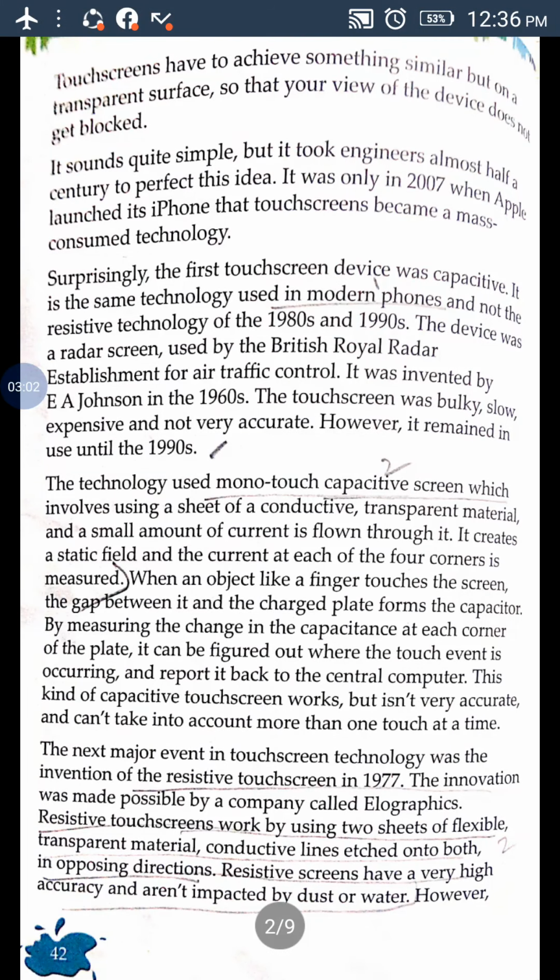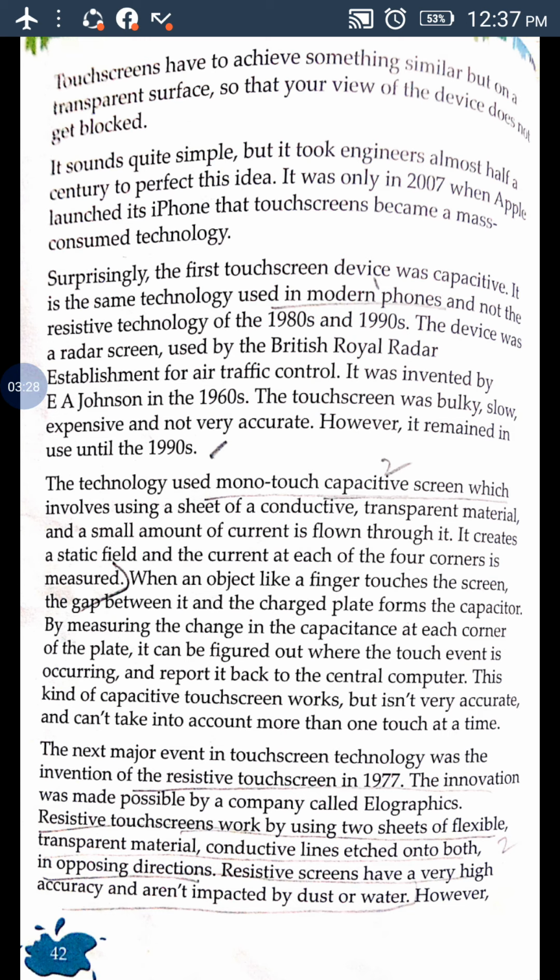Touchscreens have to achieve something similar but on a transparent surface so that your view of the device does not get blocked. So touchscreens have to achieve something which is very similar. When you touch it, it's very similar. But on a transparent surface. It should be transparent to us so that we can view the device properly.